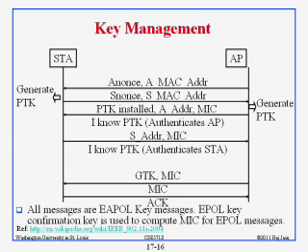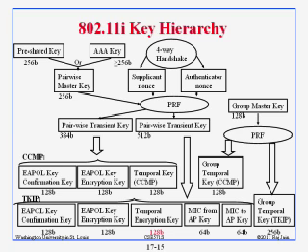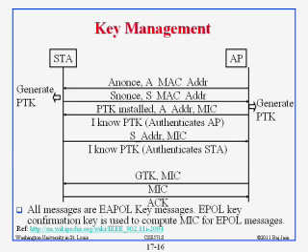So I know the PTK, and here is the integrity check, and this basically authenticates the access point, because if this guy knows the PTK, it can verify that, and it will do the same thing. It will say, here's my address, and here is the integrity check, and I know the PTK also. Okay. At this point, once they have both authenticated each other, they can use that to exchange the GTK. Now GTK is the group temporal key, GTK.